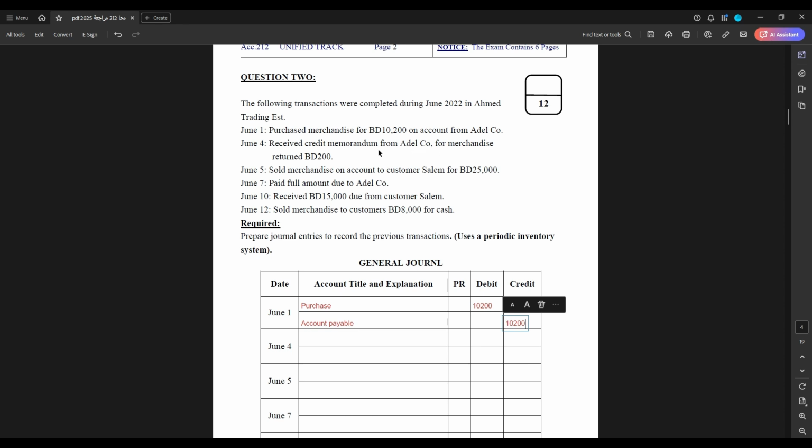So Adil retained some of the purchased items. So we record purchase returns. So debit accounts payable 200, credit purchase returns 200.